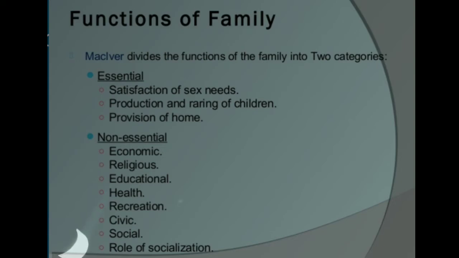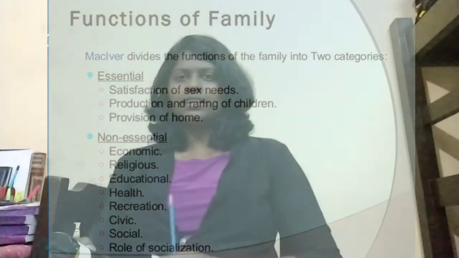He has classified the functions into essential and non-essential functions. Under essential, you have your physical functions such as procreation, child rearing, sexual needs, protection. All those things he has categorized under essential functions, that are physical functions.